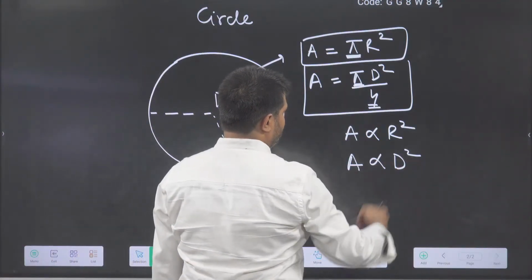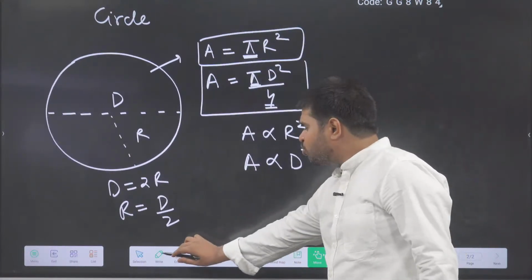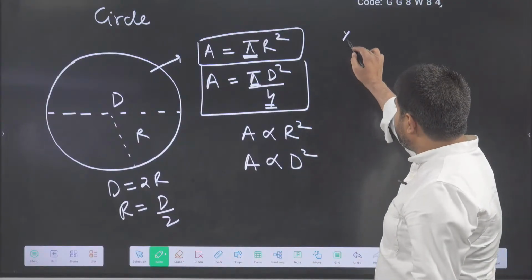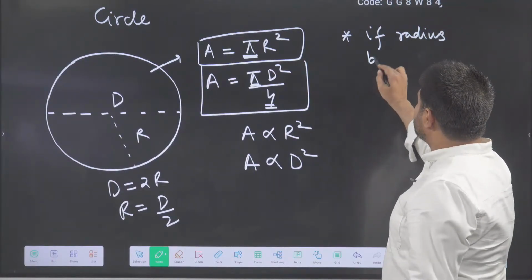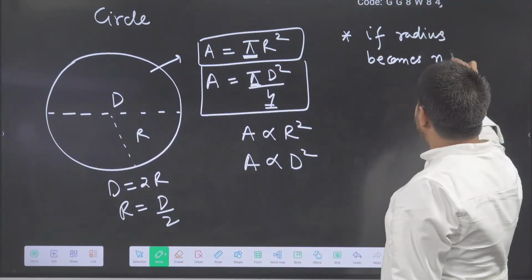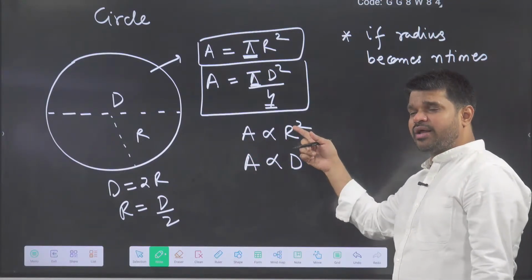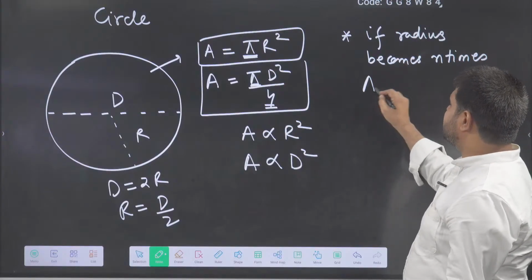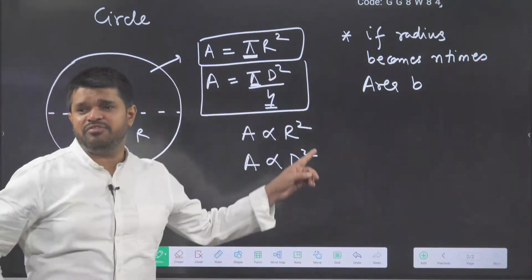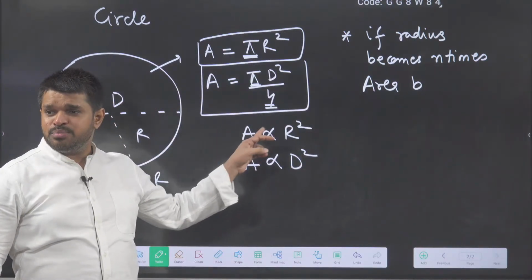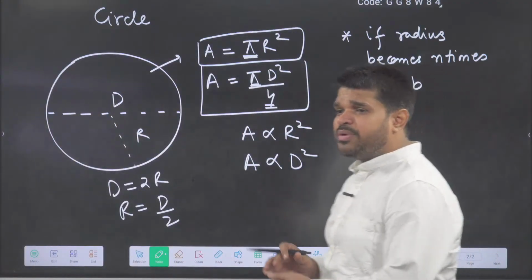Or area is proportional to diameter square. Now, yesterday I told one concept, you have to answer the next question based on that. If radius becomes n times, what happens to area?